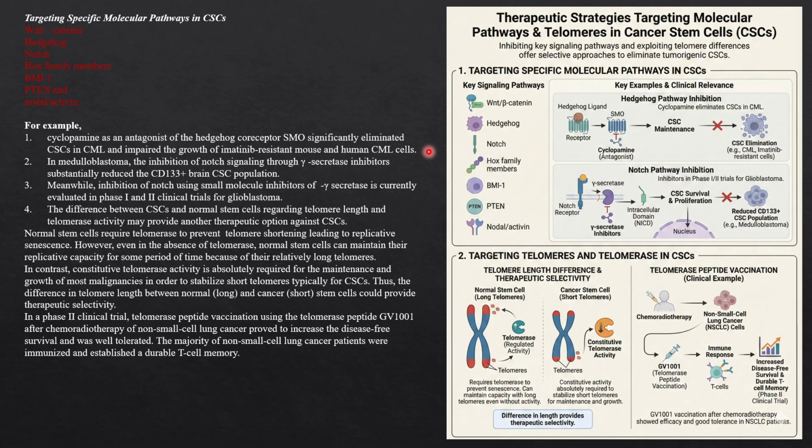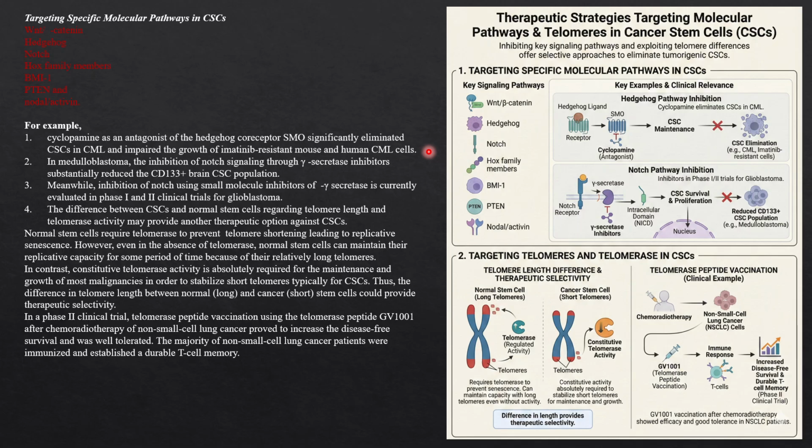Therapeutic strategies targeting the cancer stem cells: through the key signaling pathways and telomere biology, the cancer stem cells can be targeted. Pathways such as Wnt/beta-catenin, hedgehog, and Notch regulate cancer stem cell maintenance and survival, and their inhibition can reduce the cancer stem cell populations. For example, cyclopamine inhibits the hedgehog pathway while gamma secretase inhibitors block Notch signaling, reducing tumor growth.